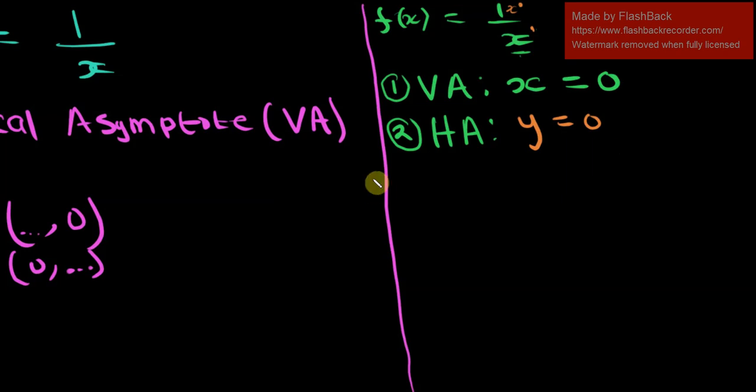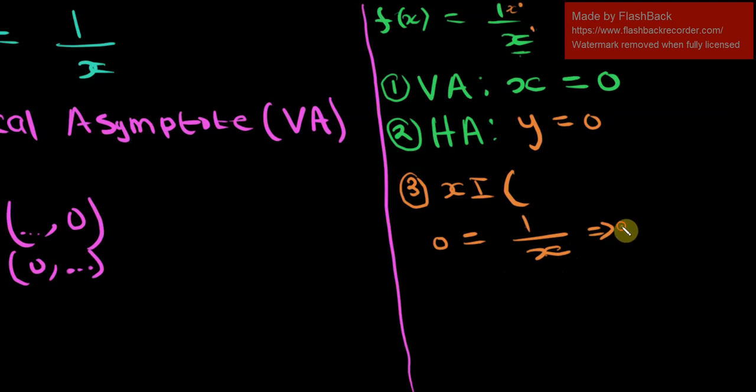Alright, cool. What else? Let's find the x-intercept. The x-intercept is found when y is 0, so when f of x is equal to 0. Let's quickly find that. 0 is equal to 1 over x. Let's just finish it off.